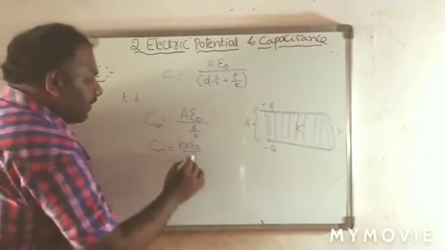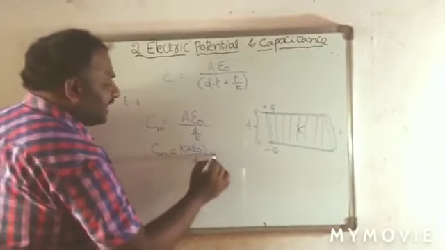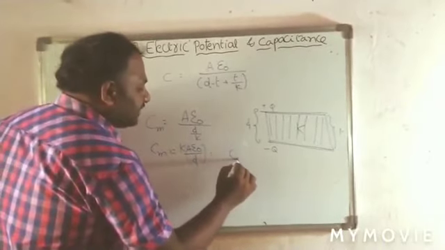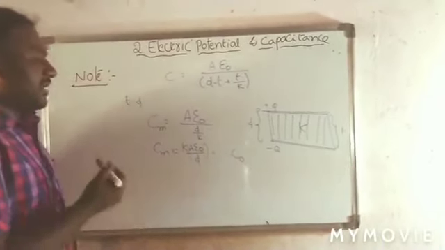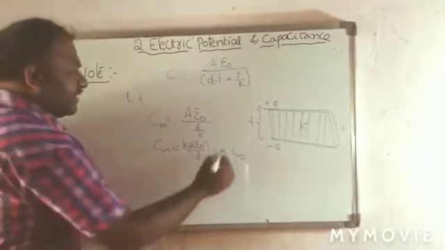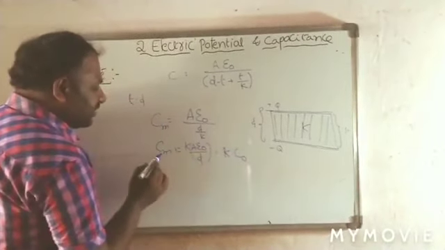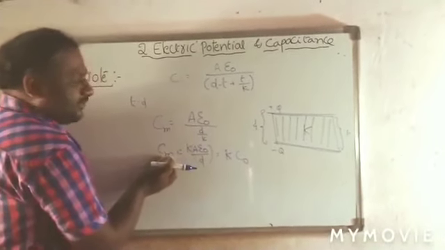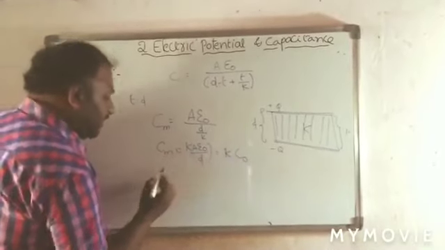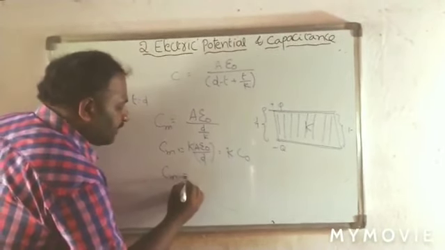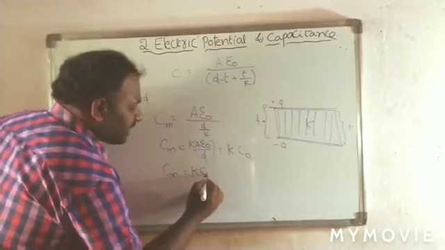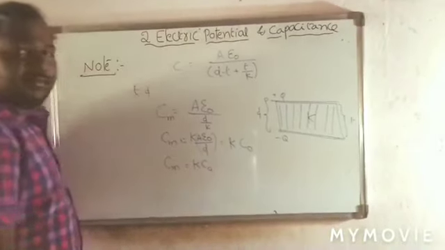But we know that A epsilon naught by D is nothing but the capacitance without dielectric. So the relation between capacitance with medium and without medium is: capacitance with medium is equal to K into capacitance without medium.